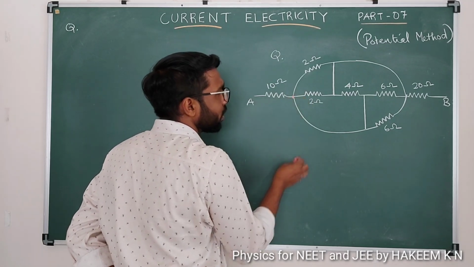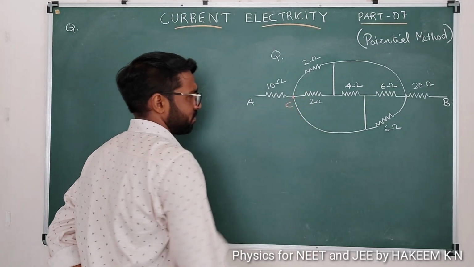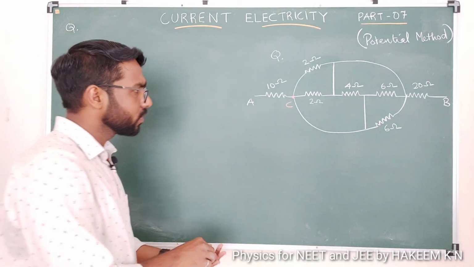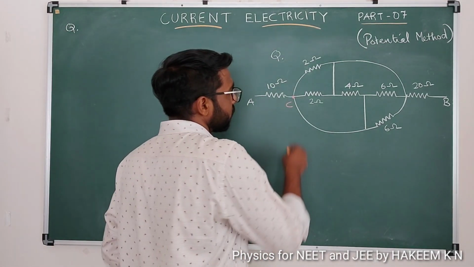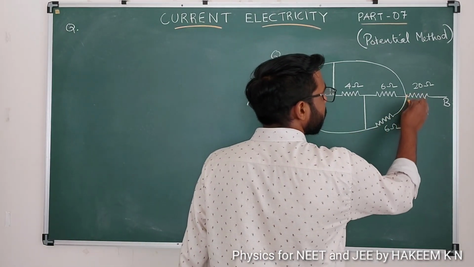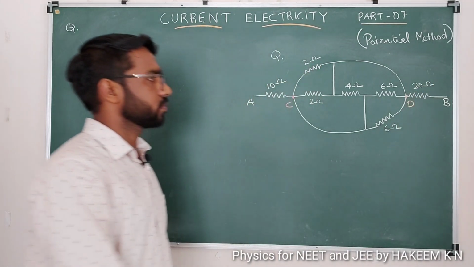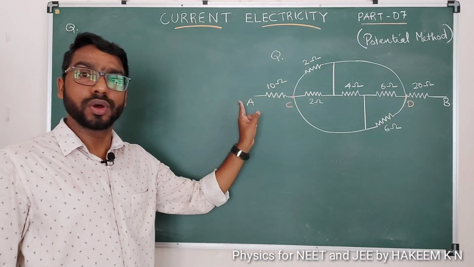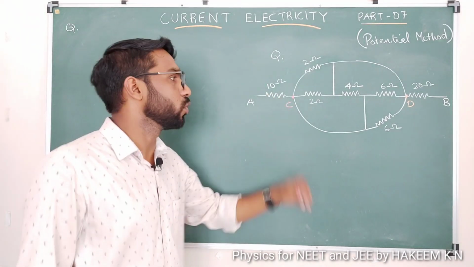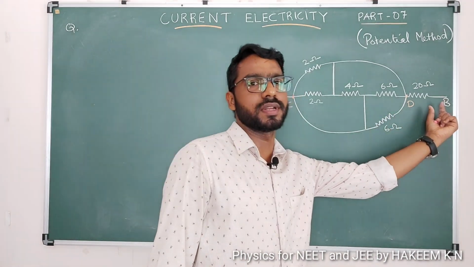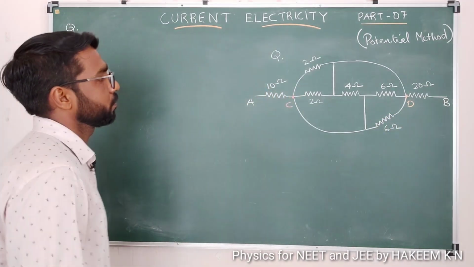Okay, listen. Here I am giving a point C, and here I am giving a point D. C is not A because there is a resistance 10 ohm, and D is not B because there is a resistance 20 ohm.